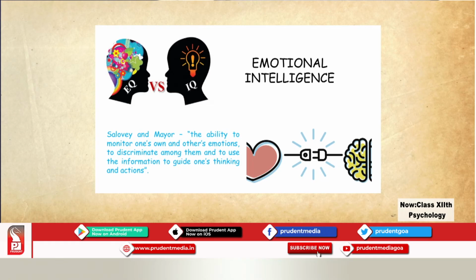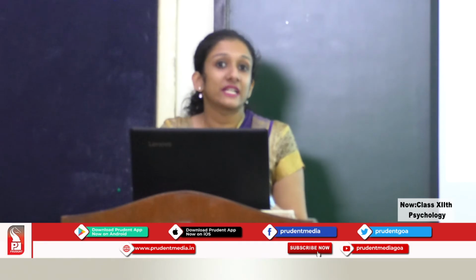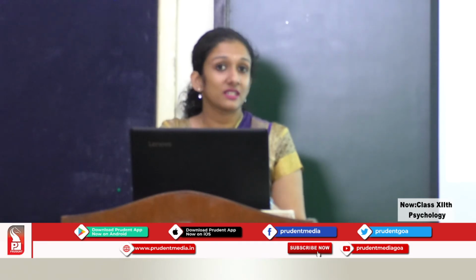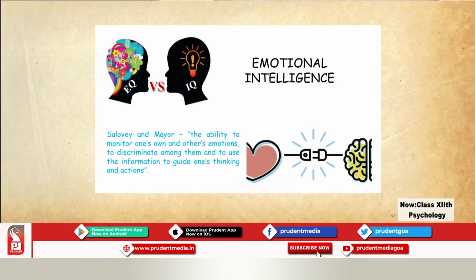Your EQ also has to be good enough to bring a balance between your intelligence and your emotions. Such people are better adjusted in their environment compared to the ones who only have high IQ.